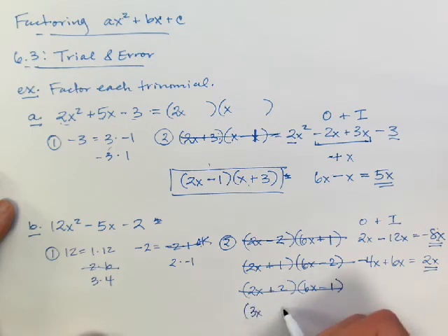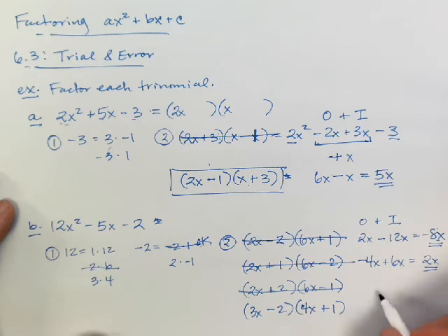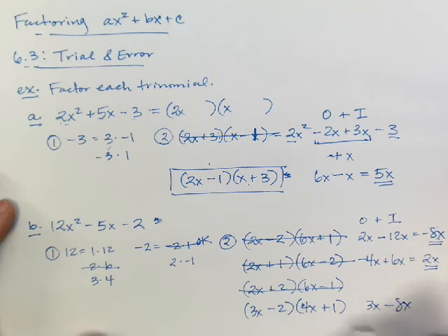So we try 3x -2 and 4x plus 1. Okay, we do the O plus I. So that's going to give us 3x. And then a -8x for the inside.